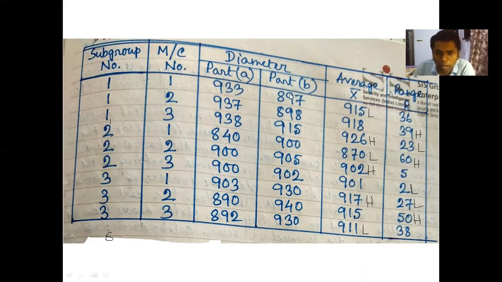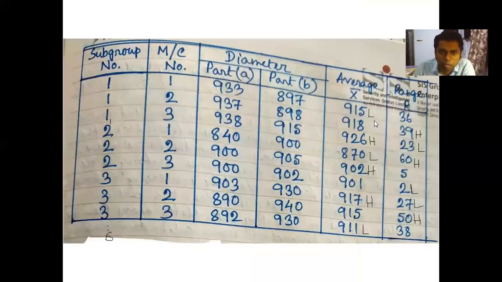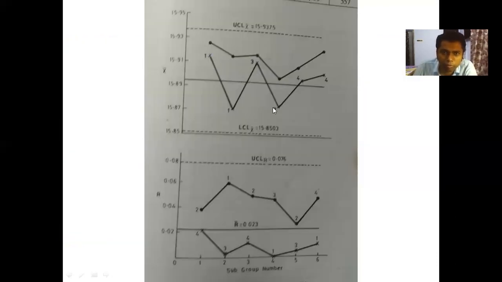So the two lines here, one is for the highest values and another is for the lowest values. Let's look at the highest values, and then take a look at the lowest values curve. Here you can see that there are 6 subgroups, so 6 points are there.